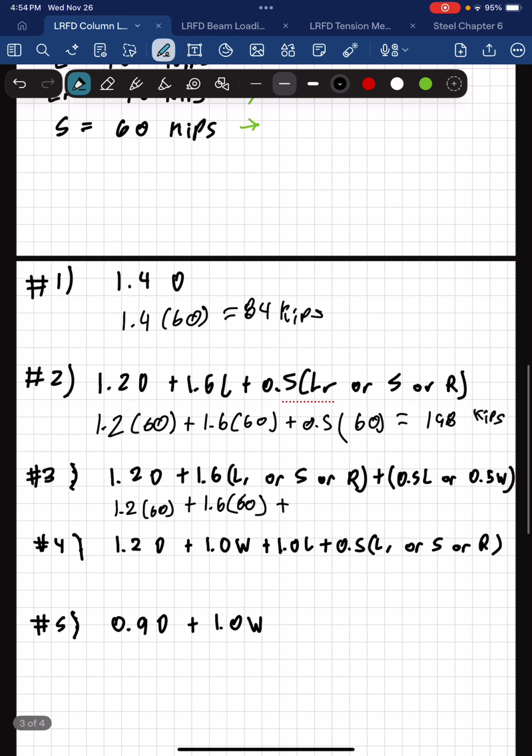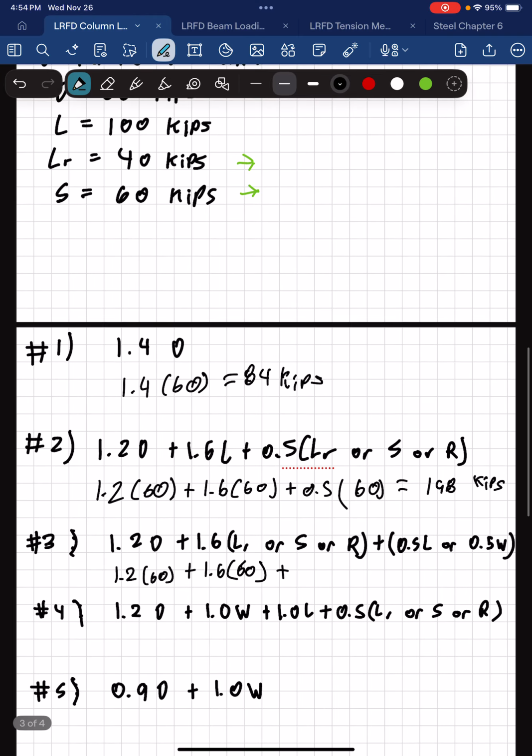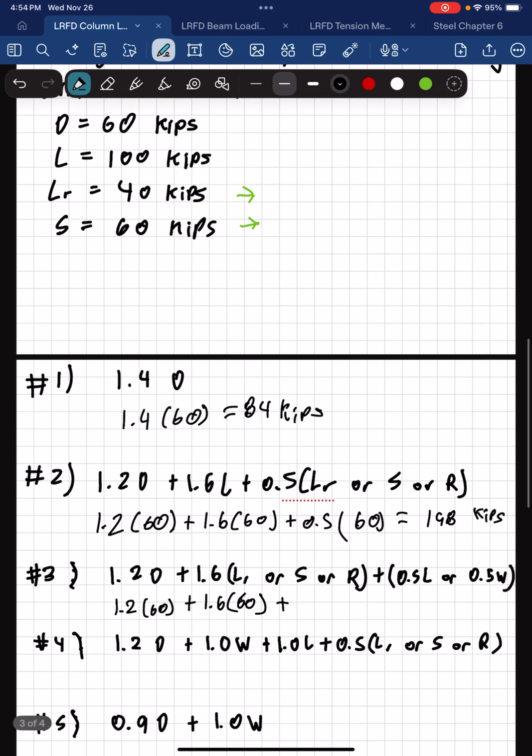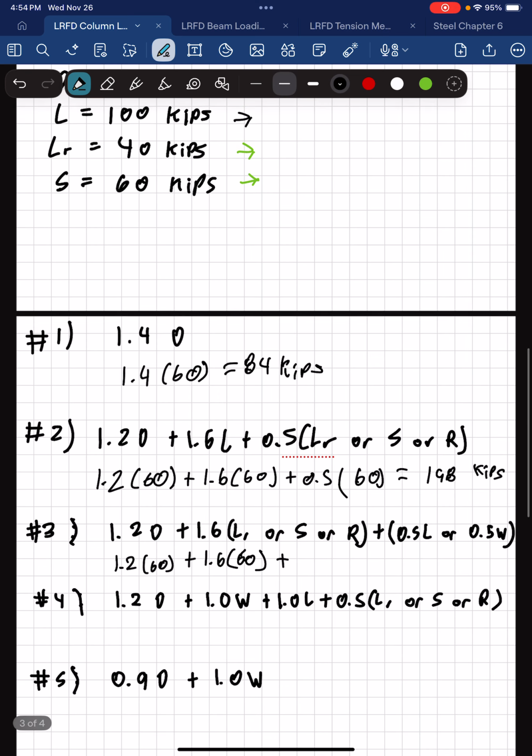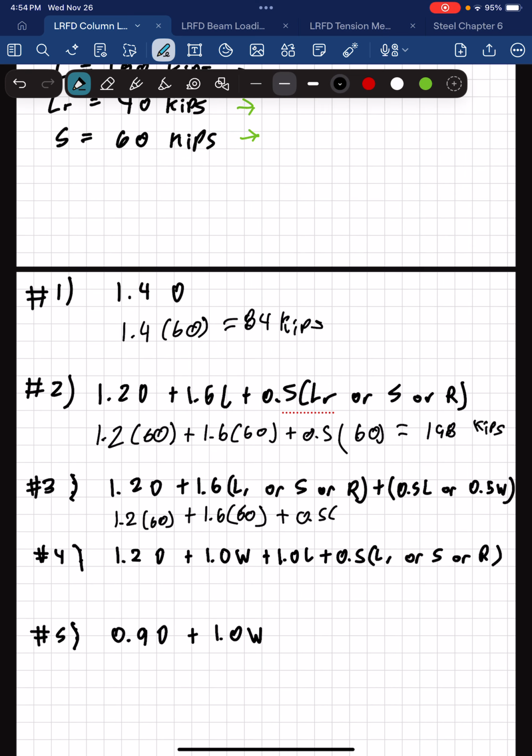And then 0.5 live load or 0.5 wind load. Well, we're not given a wind load in this situation, so we're going to use this live load for this. That is 0.5 times 100. And this load combination is going to give us plus 1.6 times 60 plus 50 is 218 kips. Now this is our controlling situation from these so far.